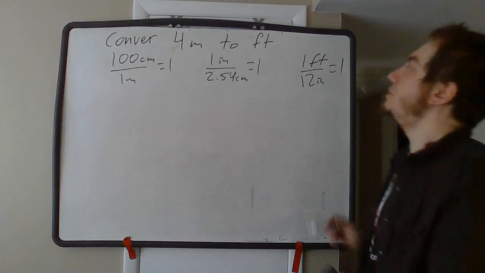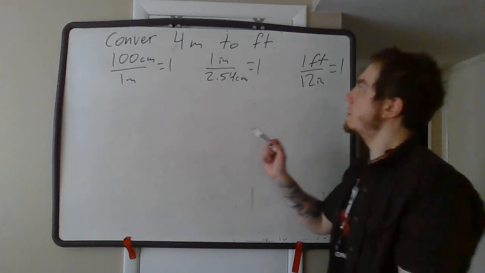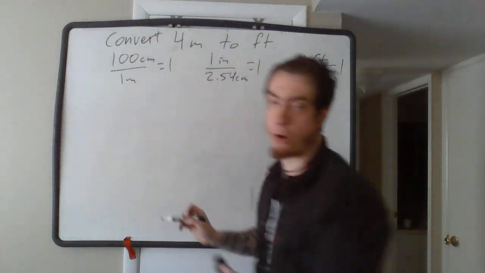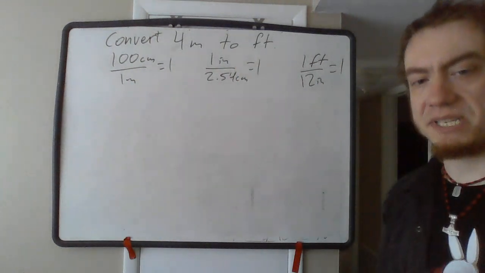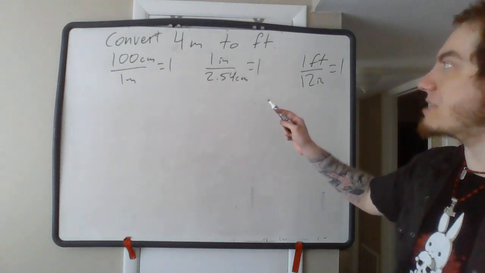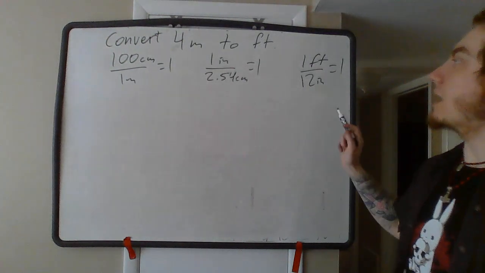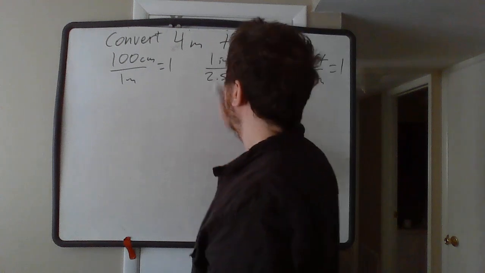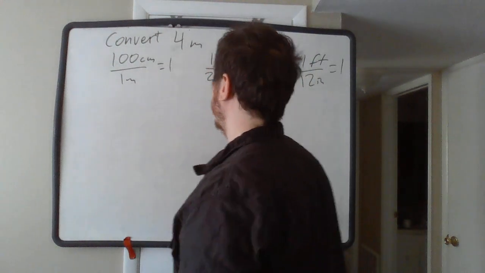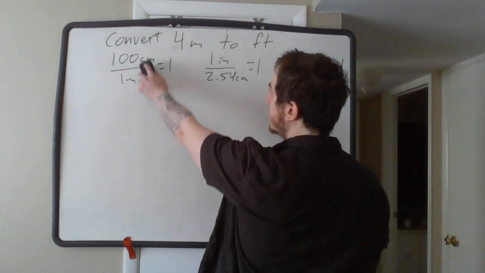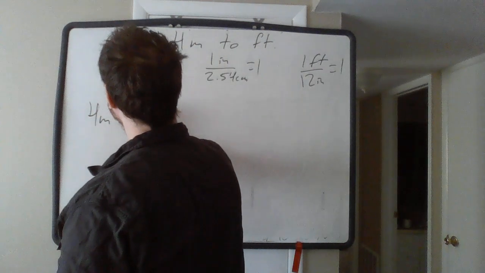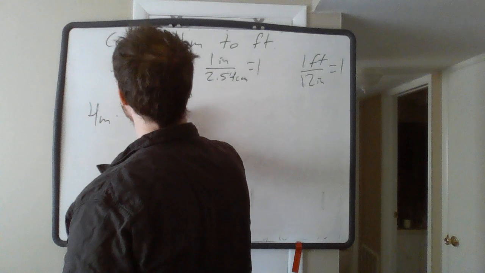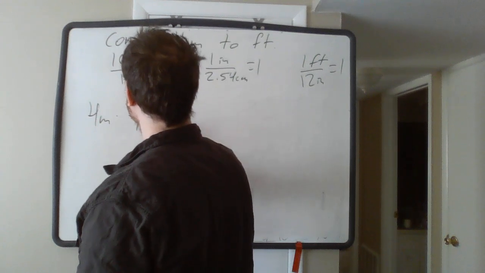So what we're going to do here to do this conversion, whoops, I wrote convert, not convert, my apologies. Just like the previous example, I'm going to chain these together. I'm going to start by saying, how do I cancel out the meters? Well, I can cancel out the meters using this first ratio. So I take my 4 meters and I multiply by 100 centimeters divided by 1 meter.